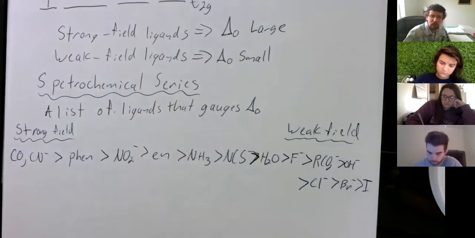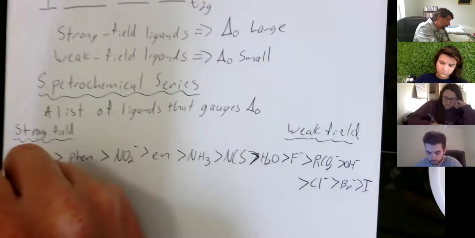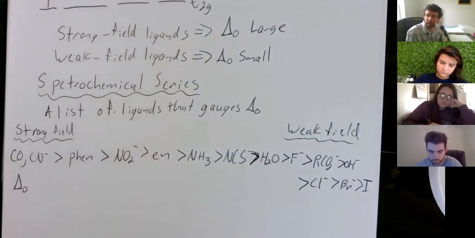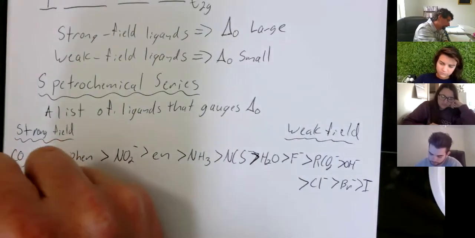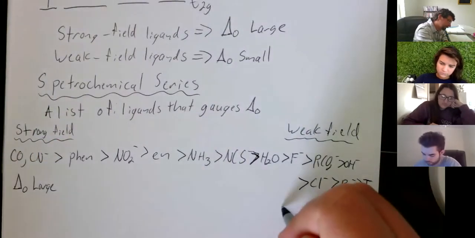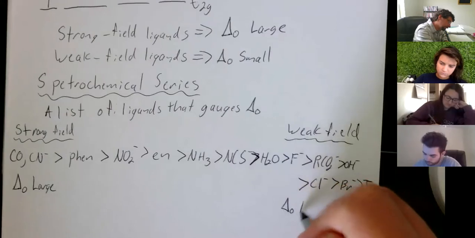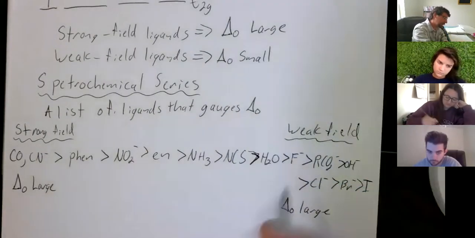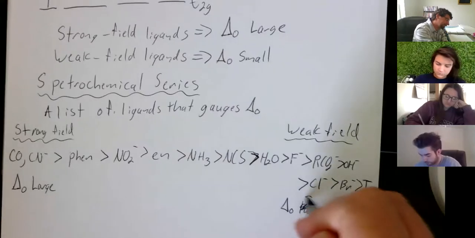So we said strong field. What do we know about delta O for strong field systems? Very large. Yep, it's large. Oh, I'm sorry, this is meant to be small.